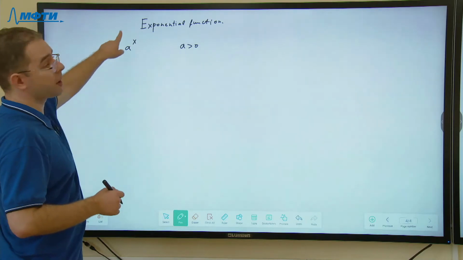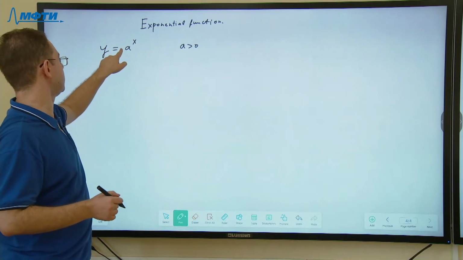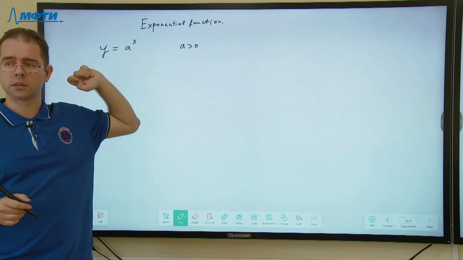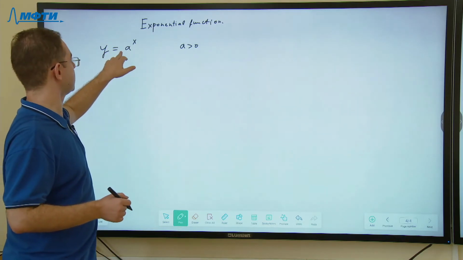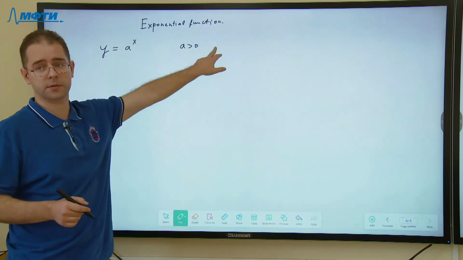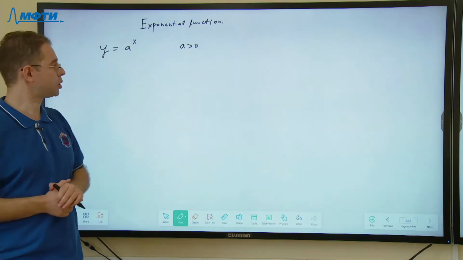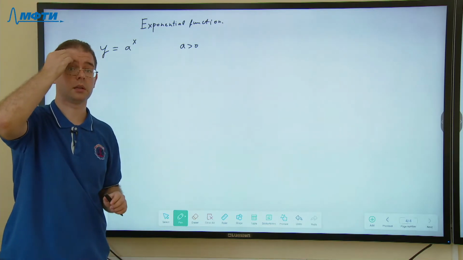So a power x. We already know how to raise any positive number to any power. By the way, do you understand why I ask only about positive numbers? What's the problem with negative numbers?